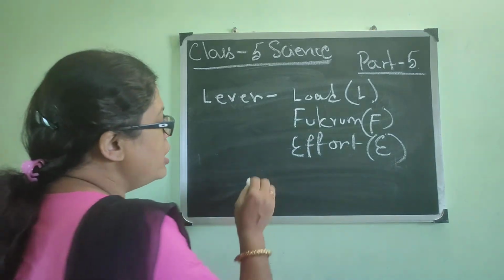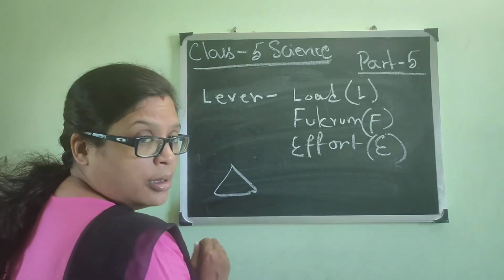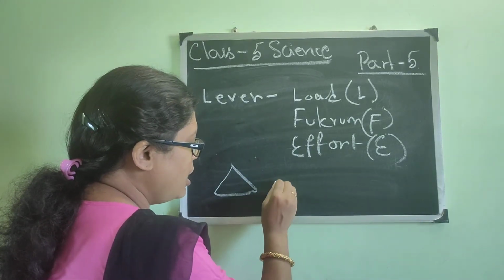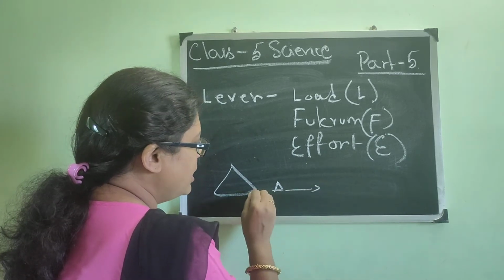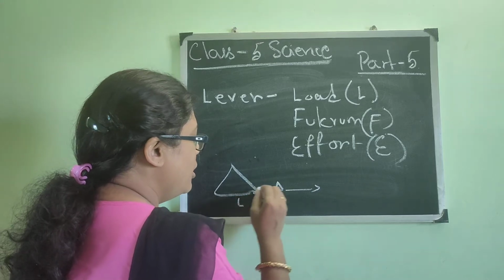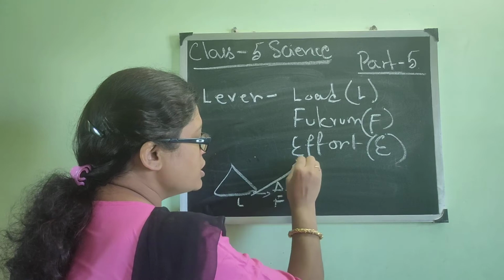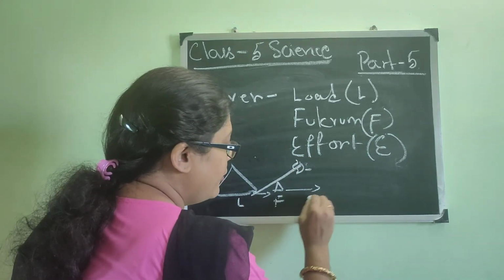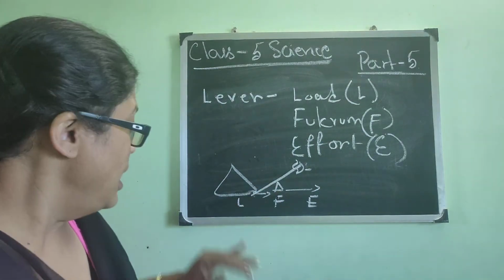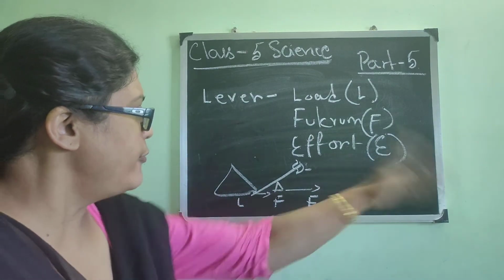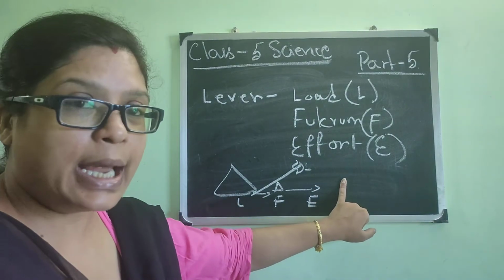The boulder, what we have seen, was at one side, fulcrum at the center, and effort at the other end, isn't it? So this is load, this is fulcrum, and here the boy was applying effort with his hand. So here fulcrum is in the center, load is at one side and effort is on the other side. This is one position.